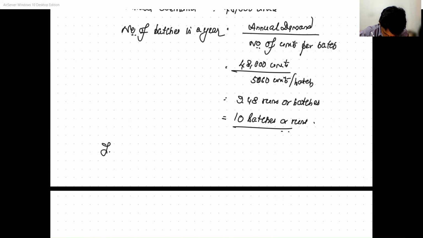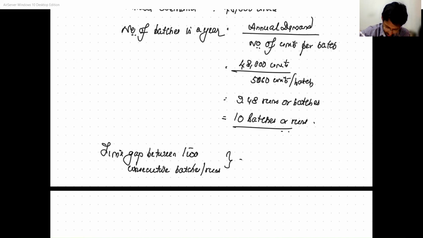So the time gap between two consecutive batches or runs is equal to 365 days divided by number of batches per annum.